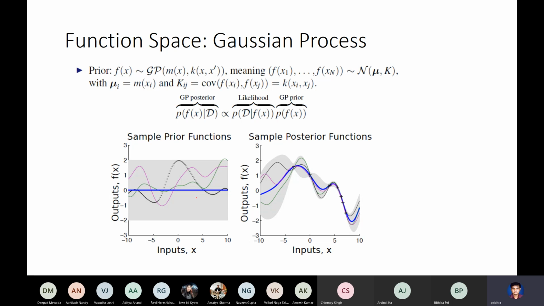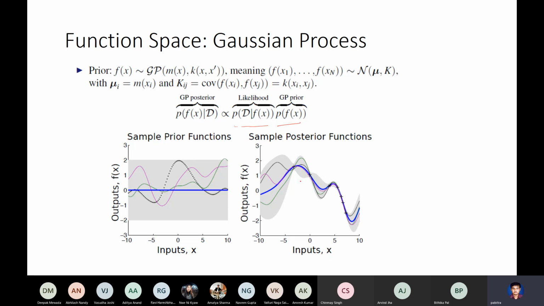So these are some prior GP priors, Gaussian process priors, and these are some posterior samples drawn from the posterior distribution in the function space, which you have calculated by multiplying the likelihood with the prior. This is the posterior distribution.